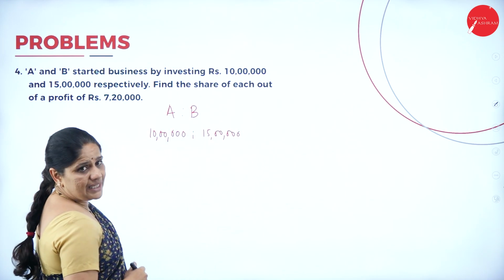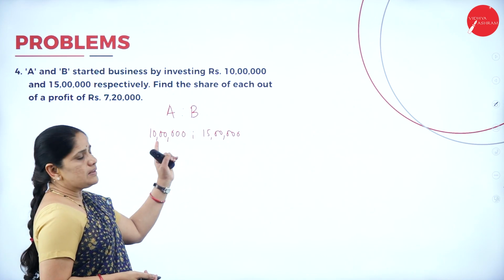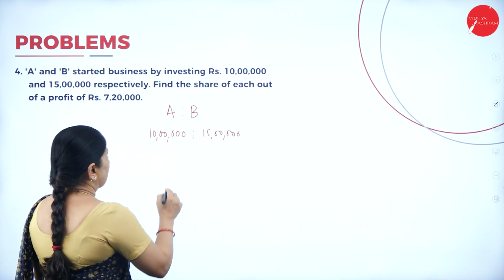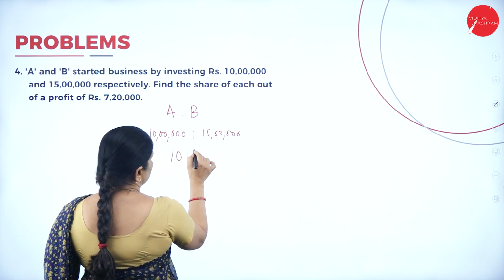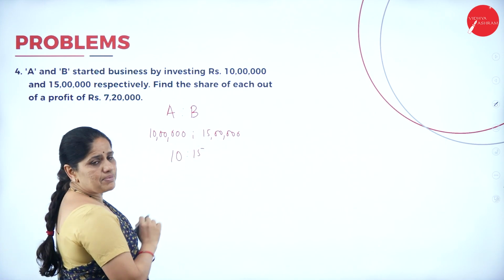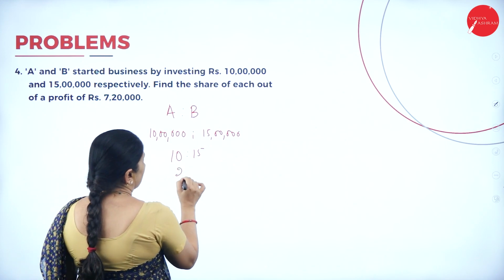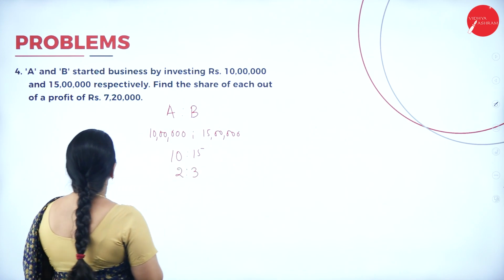Find the share of each. So when we simplify this, I get 10 is to 15. Now if I simplify this further, I get 2 is to 3.